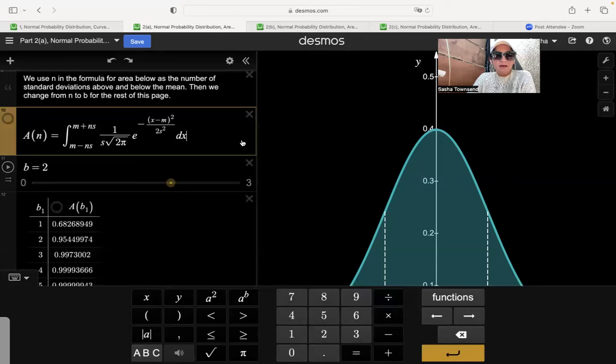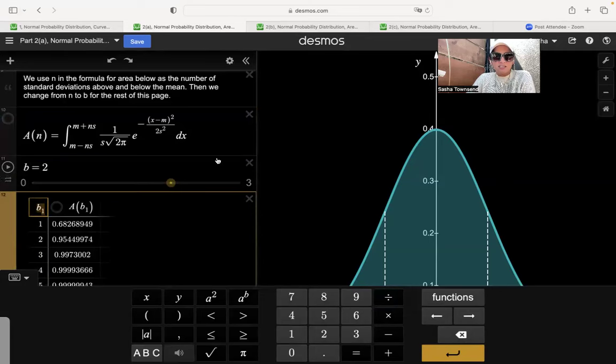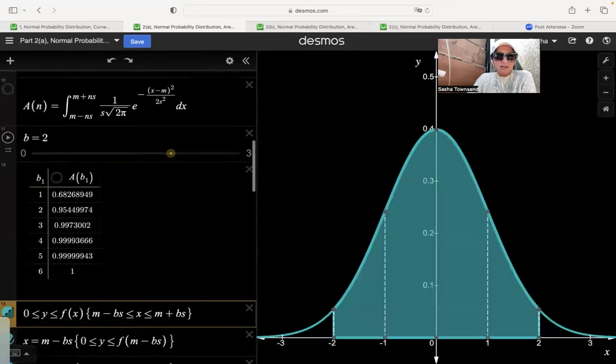So if we're looking at adding and subtracting 1 standard deviation from the mean, this area under the curve is 0.68. That means about 68% of normally distributed data lie between one standard deviation below the mean and 1 standard deviation above the mean.